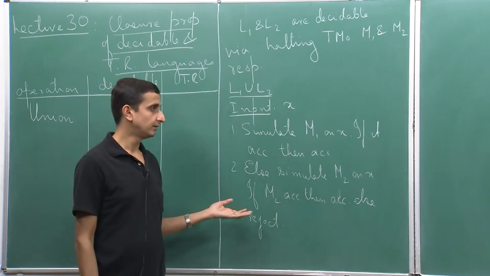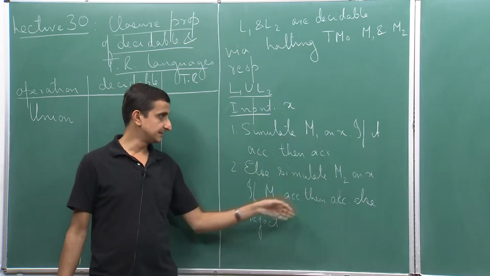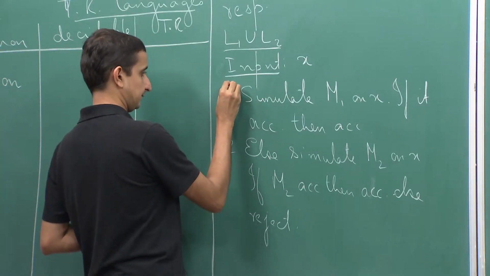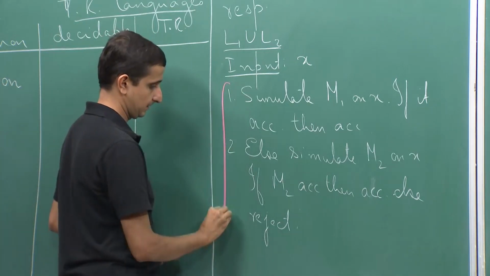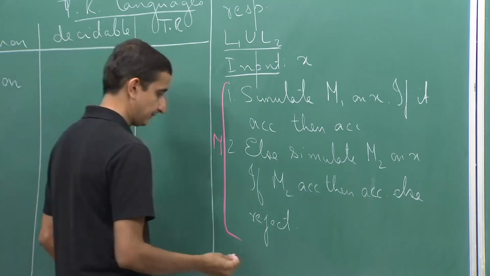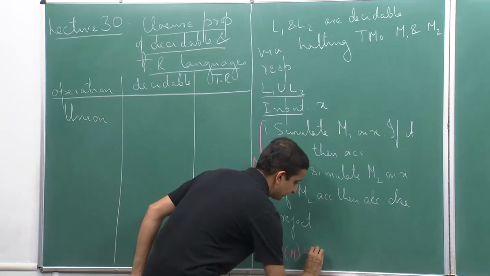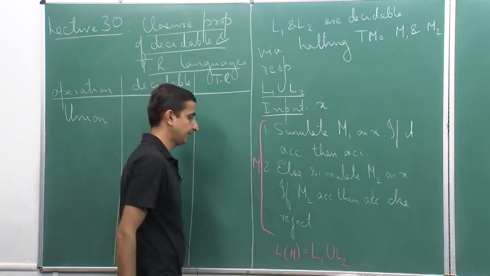reject. Because both M1 and M2 are halting Turing machines, the design that we are giving here, let us call it a Turing machine M, will have the language of M equal to L1 union L2.